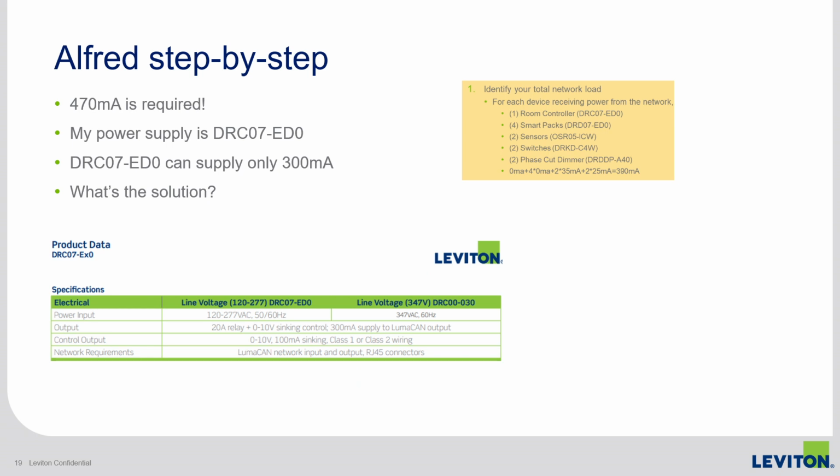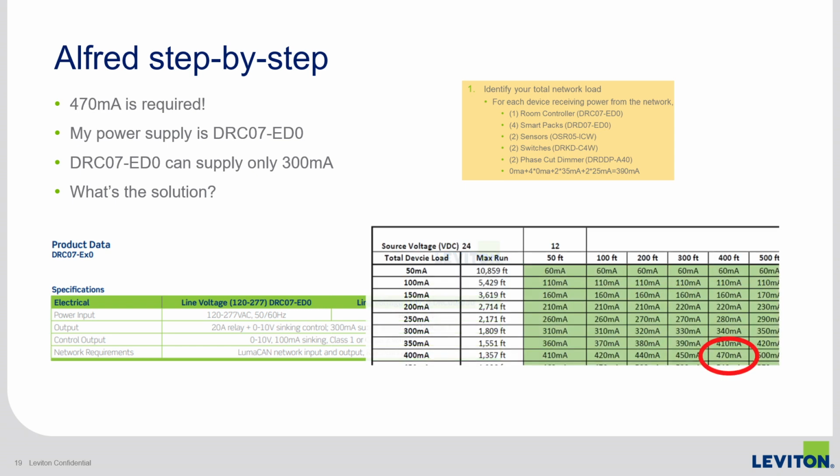So 470 milliamps required. Now, what's my power supply? Well, my power supply is the DRC07-ED0. If you look at the data sheet for that product, you'll notice that that power supply can only supply 300 milliamps. So what's the solution? Well, we have several different power supplies you can use to augment it.